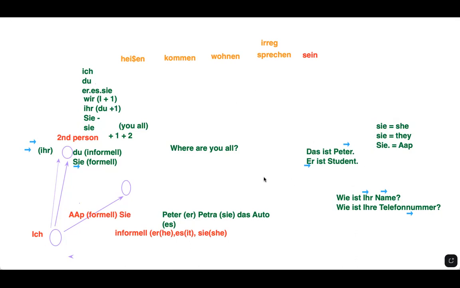Now, if I'm saying, let's say, "Das sind Petra und Peter." How many people here? Two people, right? "Zwei Leute." And now, if I speak about them, what will be their pronoun for me in English?